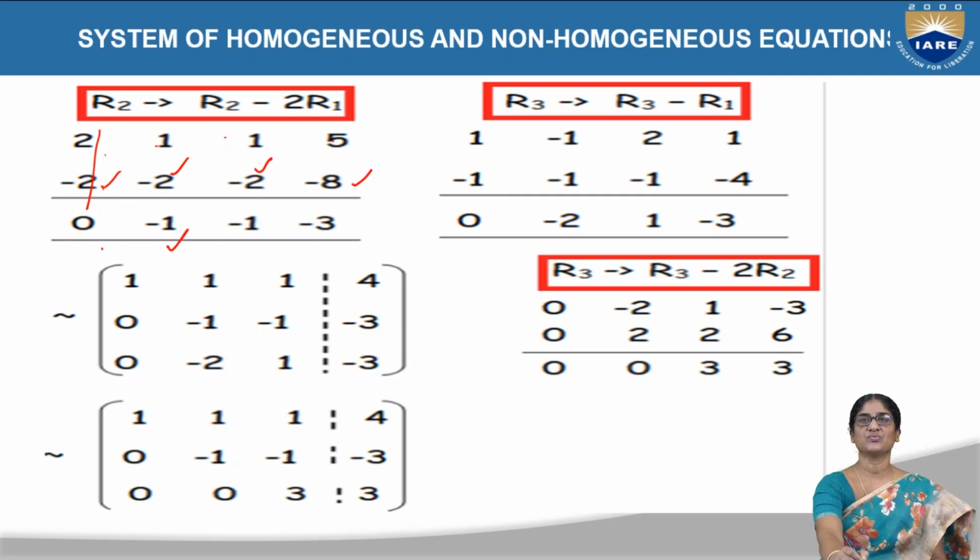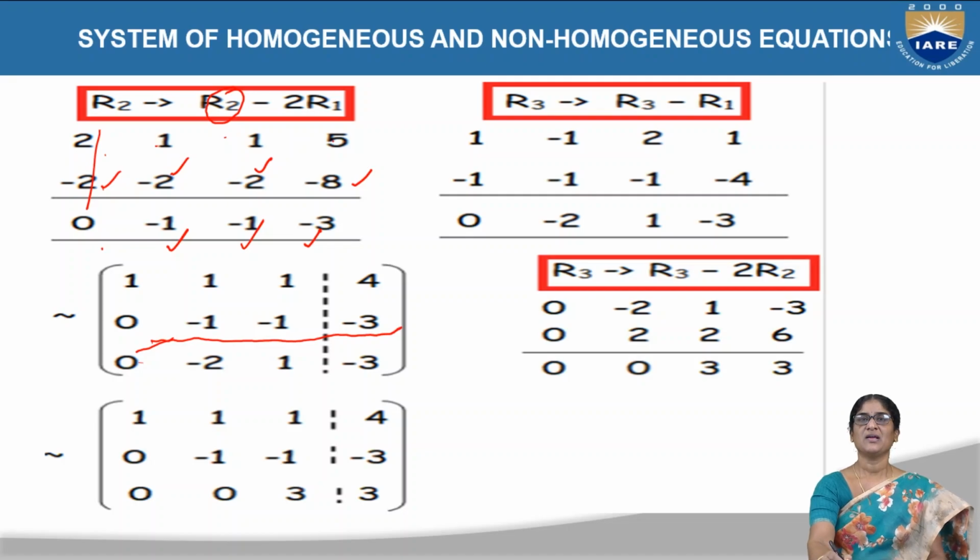And 1 minus 2 is minus 1. And 5 minus 8 is minus 3. We have to replace the second row because the operation was done on R2. So the elements are replaced by 0, minus 1, minus 1, minus 3.